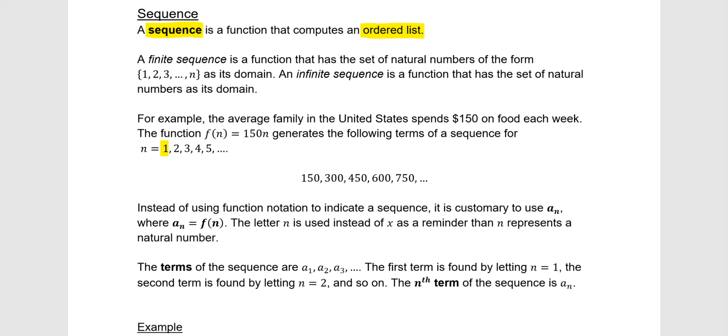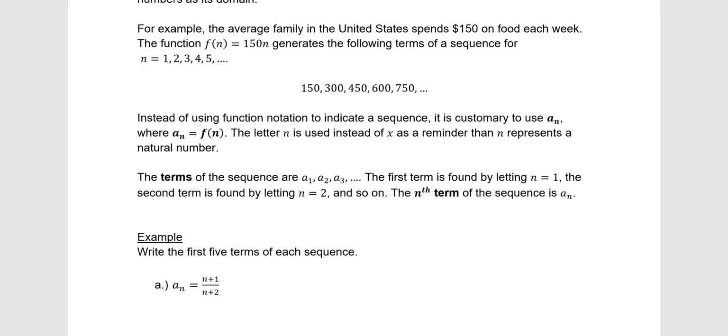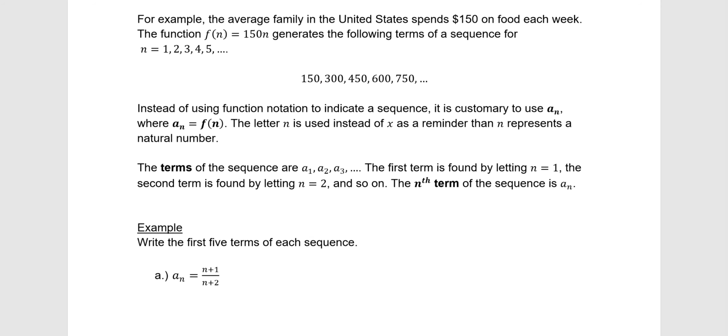So if we plug in 1, we get 150 times 1, which is 150. For 2, plug in 2, 150 times 2 is 300, and so on. We plug in 3, 150 times 3 is 450. And we are not going to be using function notation, so we're not going to be using f of n.